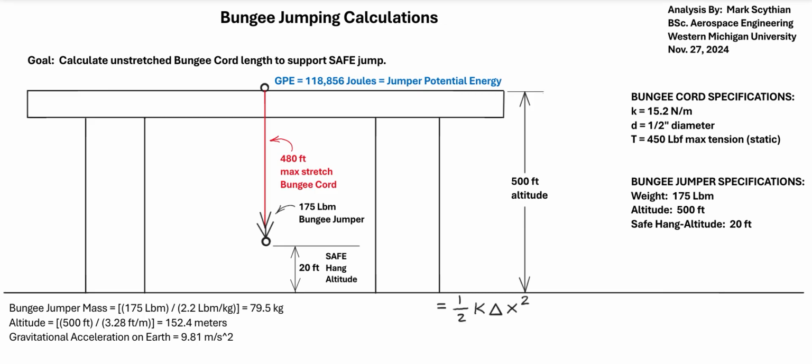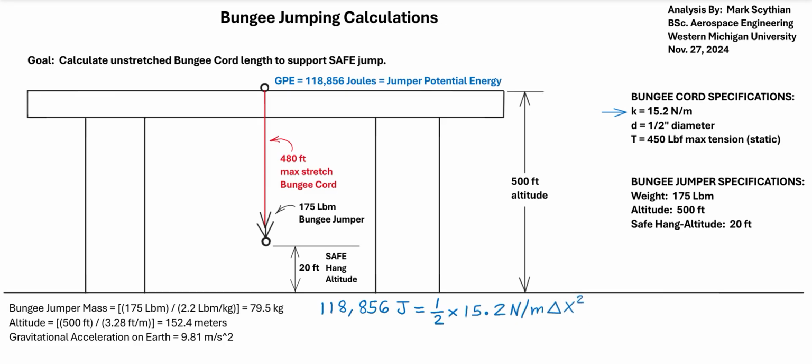So all we have to do is realize that the energy is constant, and it is with respect to the input energy, so that is the GPE made equal to the elastic potential energy. We identify the K constant of the cord, and so that is the K constant in newtons per meter. The U value is in joules, the potential energy, and then the X value is the bungee cord stretch in meters.